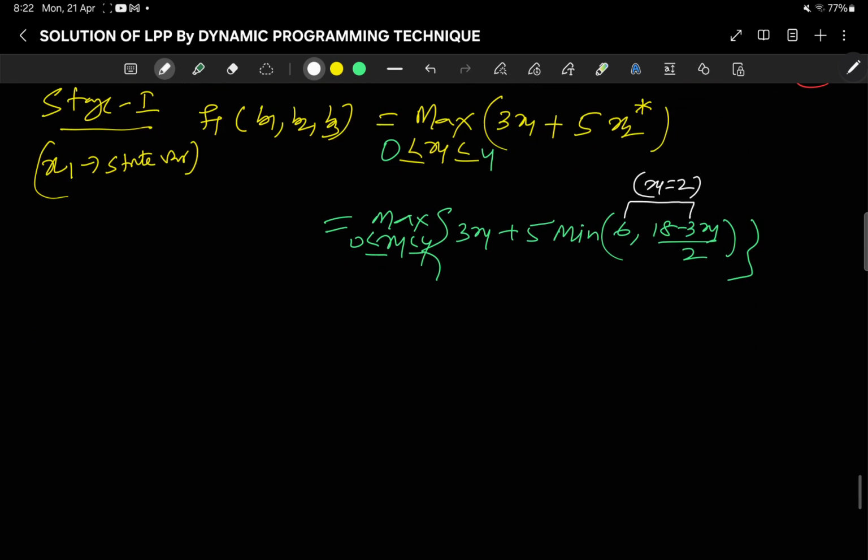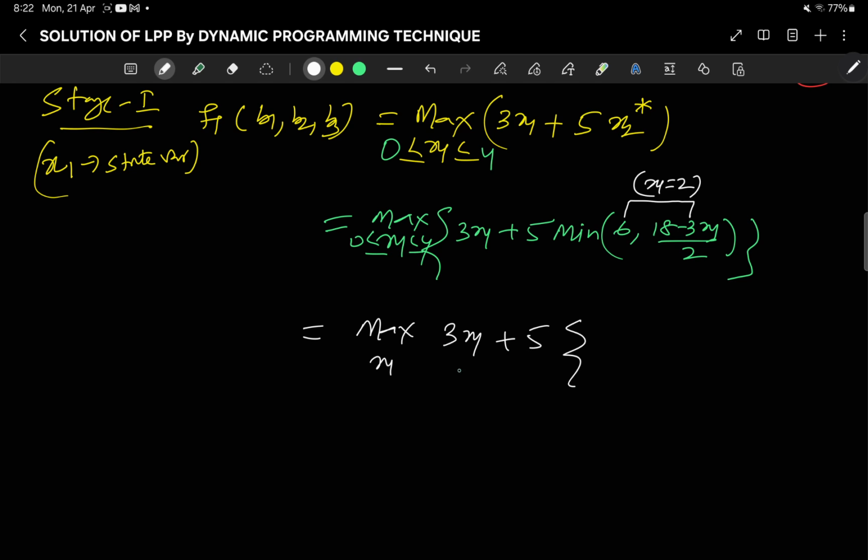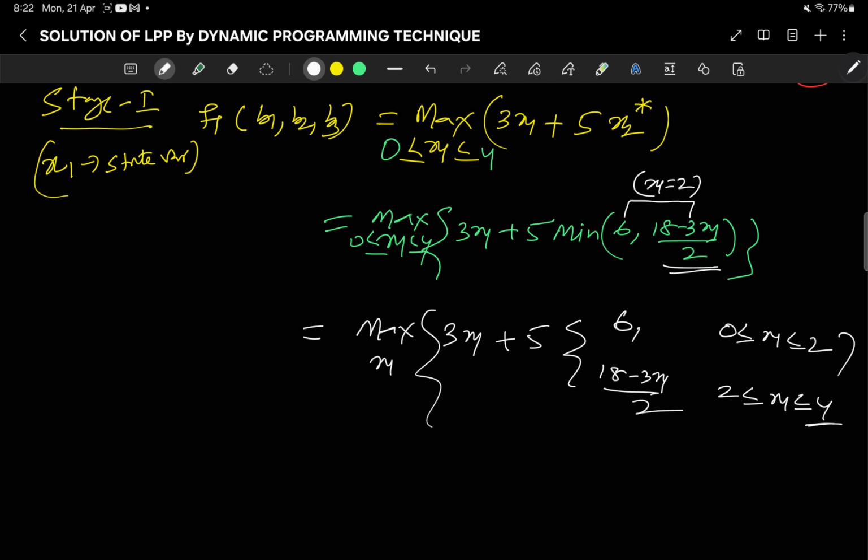So we have the maximization over x1 of 3x1 plus 5, with an intermediate value: 0 less than x1 less than 2 and 2 less than x1 less than 4. At 4 this will be the minimum, so it is 6 here and 18 minus 3x1 by 2.